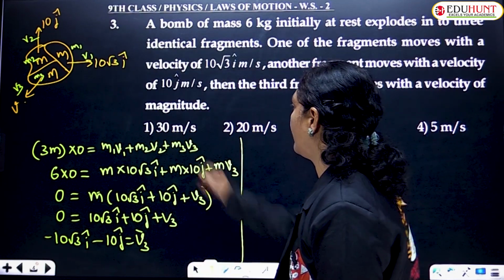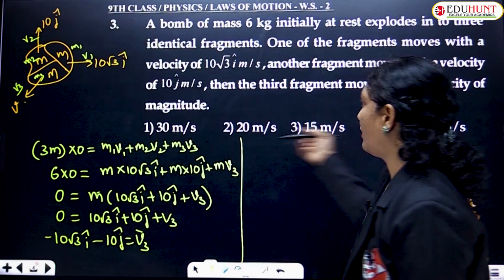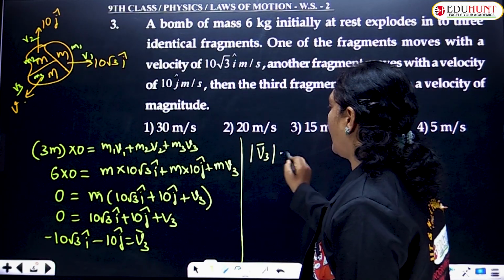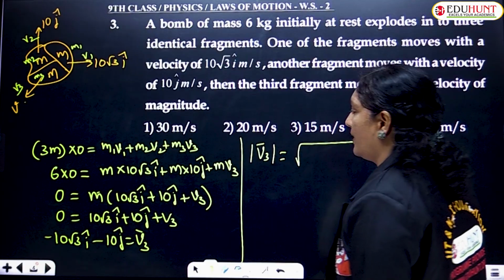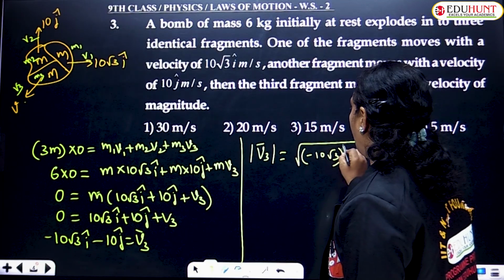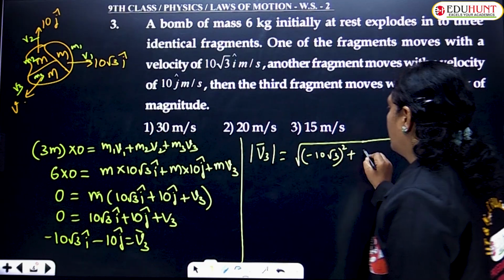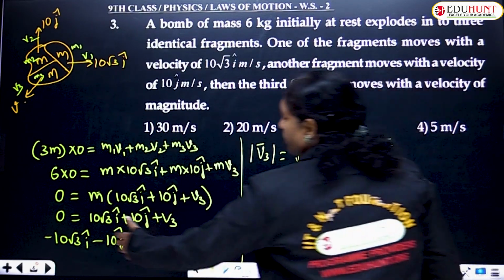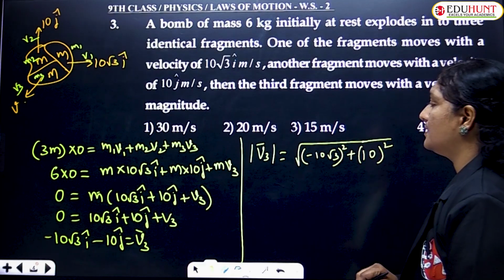So this is the value of V3 both in direction as well as magnitude. You are asked to find only the magnitude according to the options. The magnitude of V3 can be found by taking the square root of minus 10 root 3 whole square plus 10 whole square. That's it, children. We square the coefficients as they are perpendicular to each other.